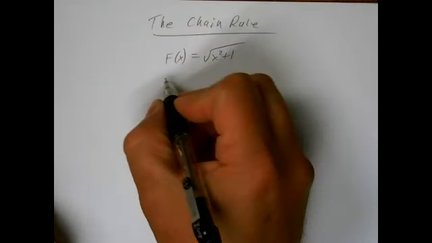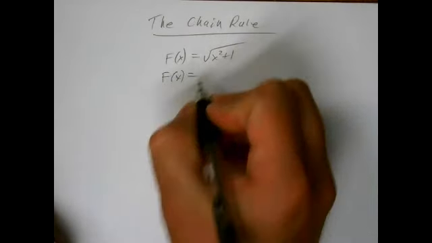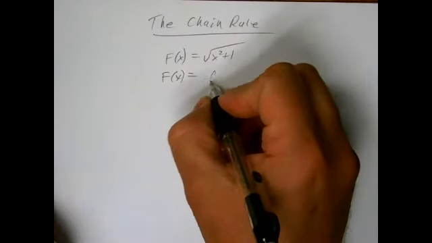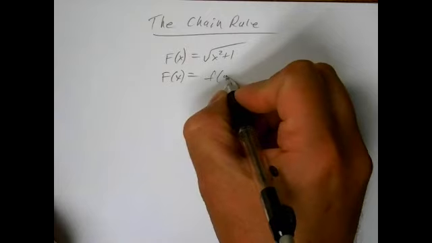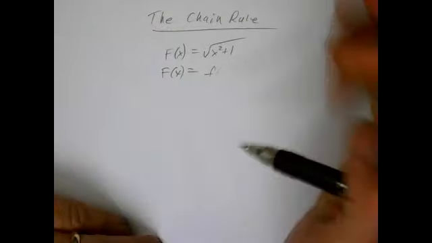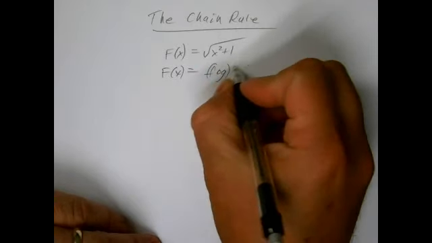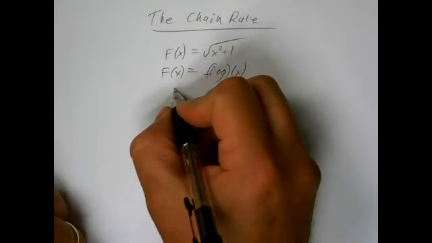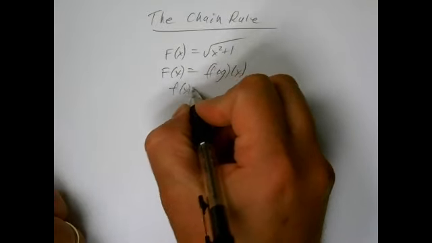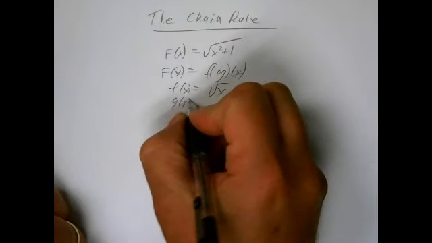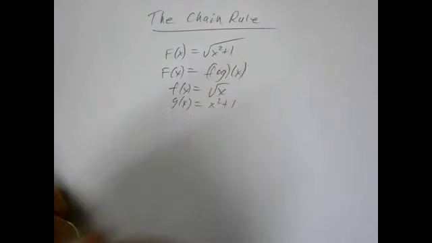F of x is created using a lowercase function f and a function g. In the case of this f of x, the lowercase f is the square root function, and the lowercase g is the x squared plus 1.